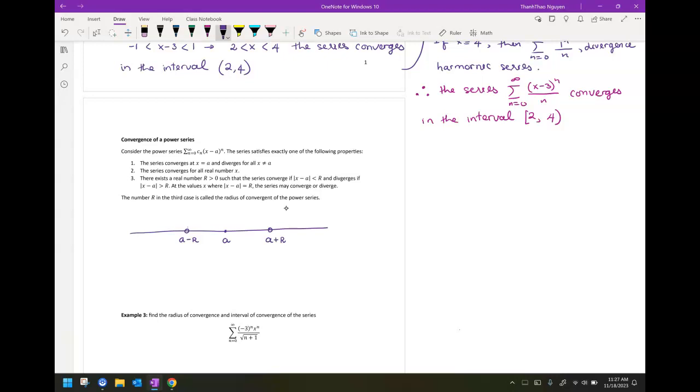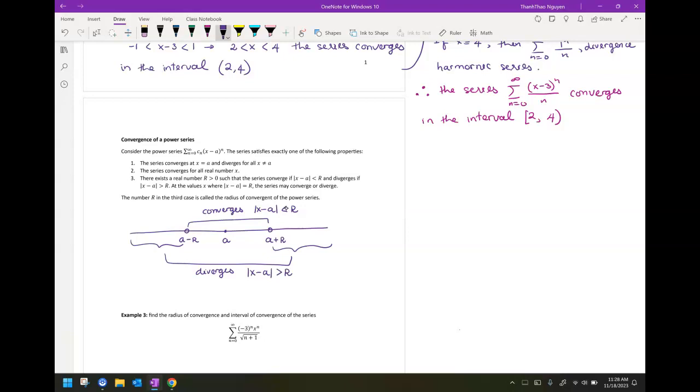So then the series converges here for the absolute value of x minus a less than r, and diverges here for the absolute value of x minus a greater than r.